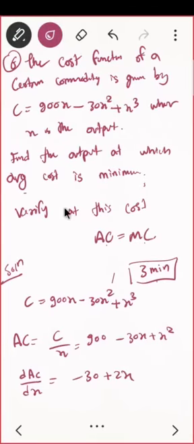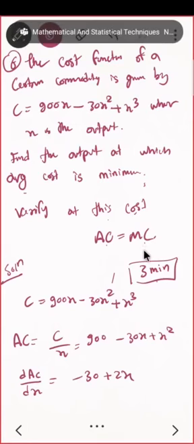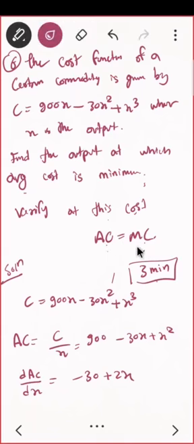Okay, the second thing is verify at this cost AC is same as MC, correct? So AC का value I'm already having, so I need to find MC. How will you find the marginal cost? C is given, marginal cost will be derivative of C. So C is 900x minus 30x square plus x cube.